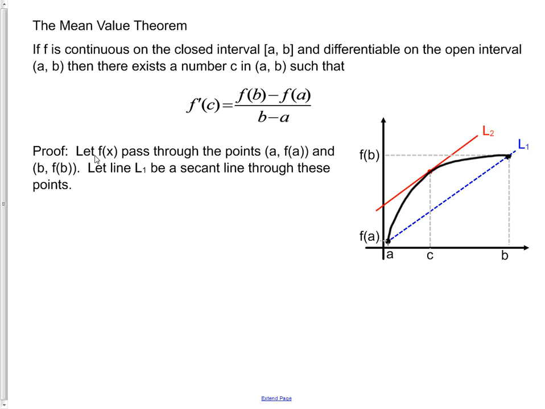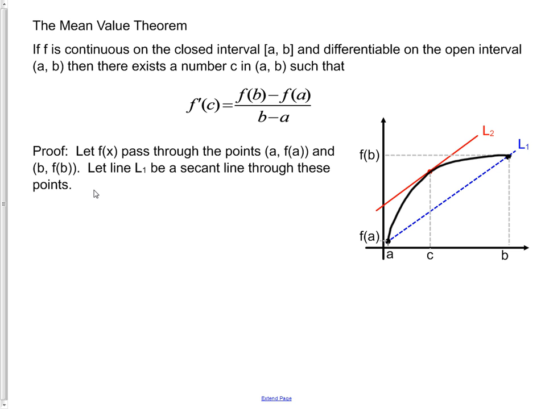So let's take a couple of cases right here. Let's say that f of x passes through the points (a, f of a), which is down here in the corner, and (b, f of b). And let line L1 be the secant line through these points. What can we say about the equation of that line L1?